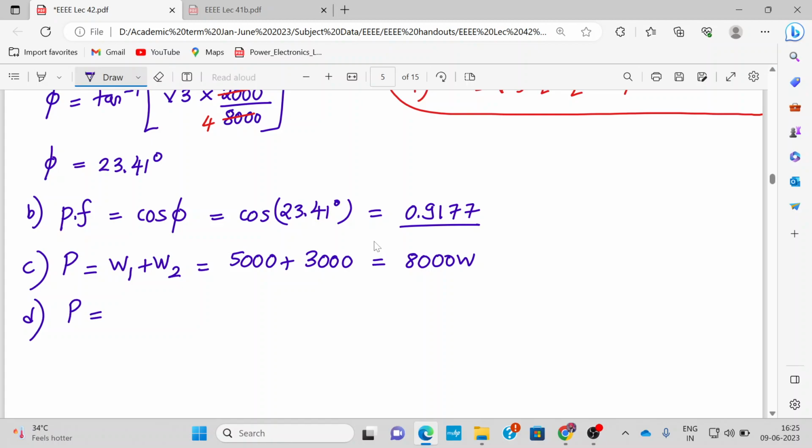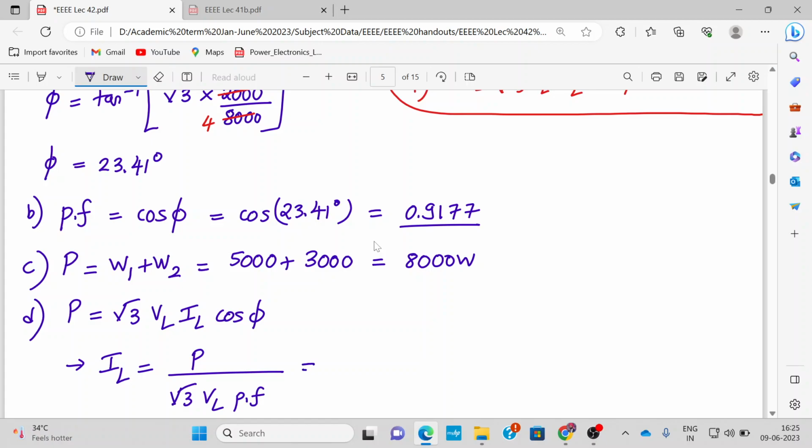So active power is given by root 3 VL IL cos phi. Alright. So from here everything is known. P is known to you, VL is known to you. So IL will be given by P upon root 3 VL cos phi, and cos phi is nothing but power factor itself.